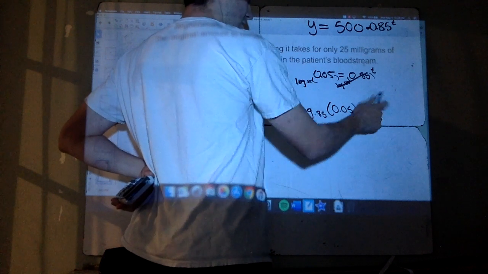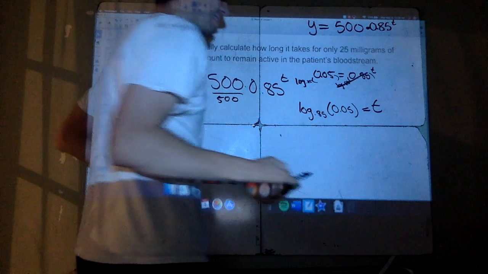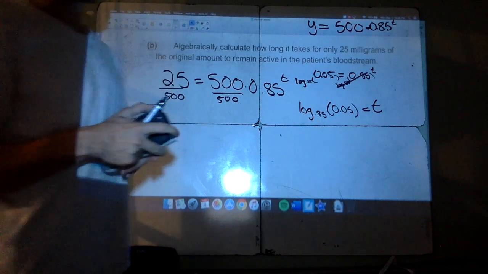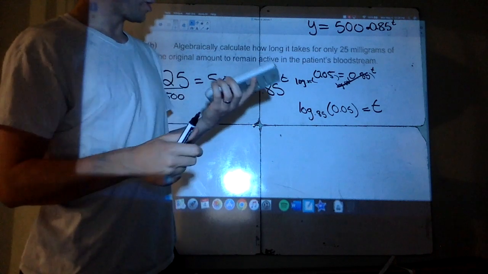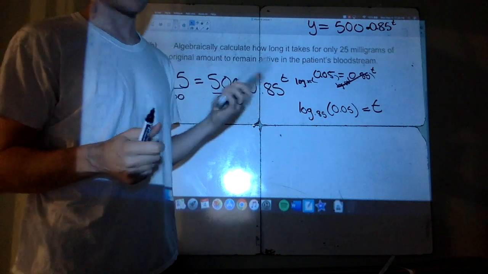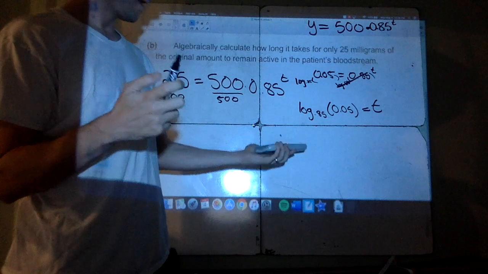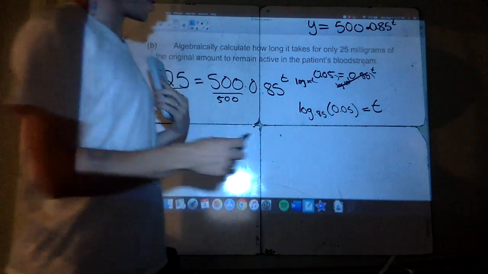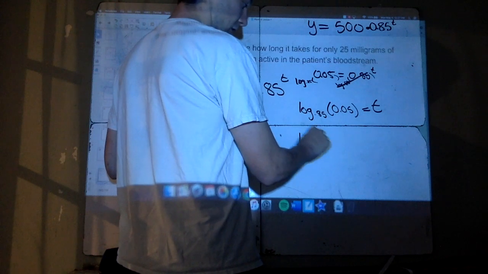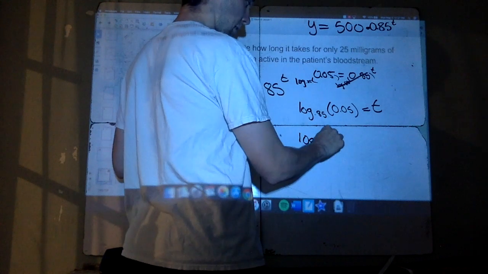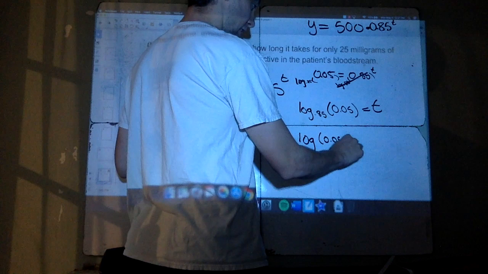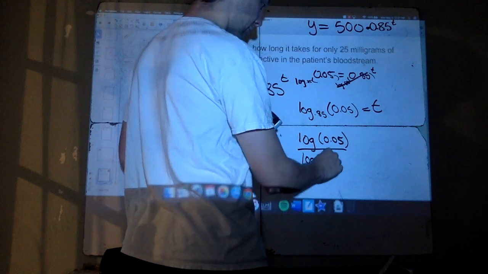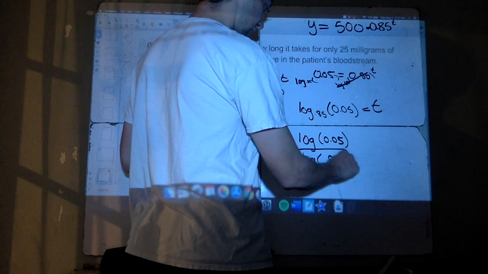Log base 0.85 of 0.85 to the t equals t. That answer is exact. But if you told a doctor, well, it's going to take log base 0.85 of 0.05 hours, they don't know what that means. So we're going to use our change of base formula we just did. So this becomes log base 10 of 0.05 divided by log base 10 of 0.85.